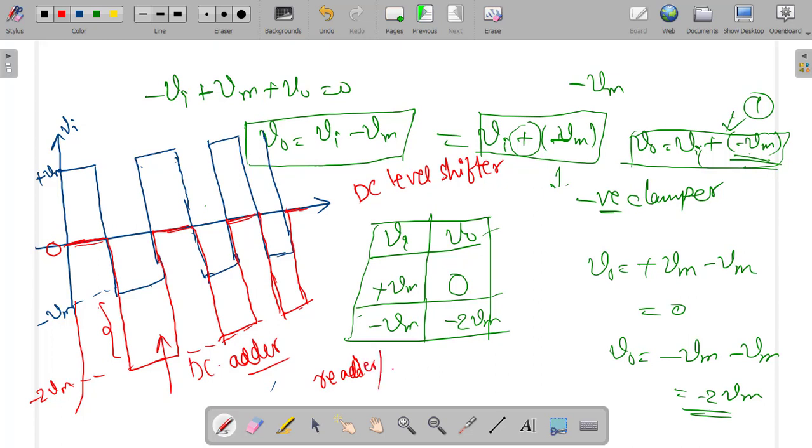These clamper circuits are also called DC readder or DC reinserter. The positive peak of the waveform will touch the time axis or 0 voltage level, and the negative peak will be moved further towards the negative side, and it is called negative clamper. So coming to the conclusion, what happened here is your positive peak of the output.